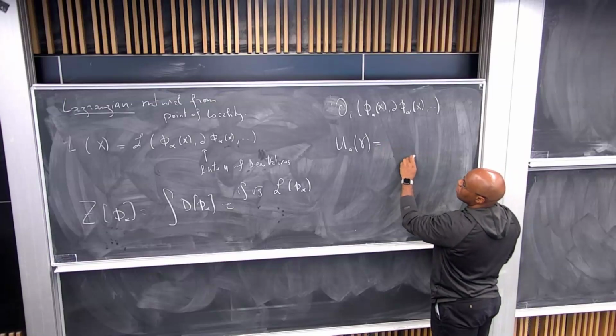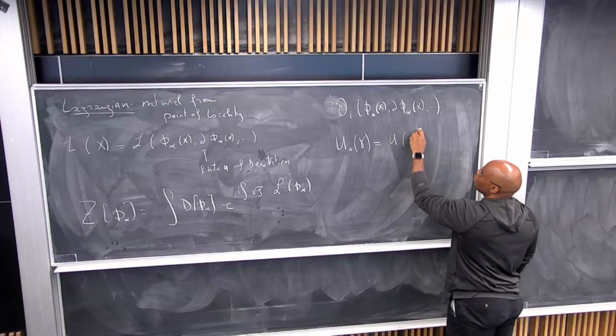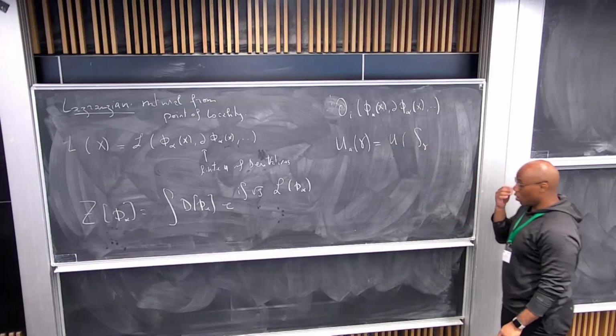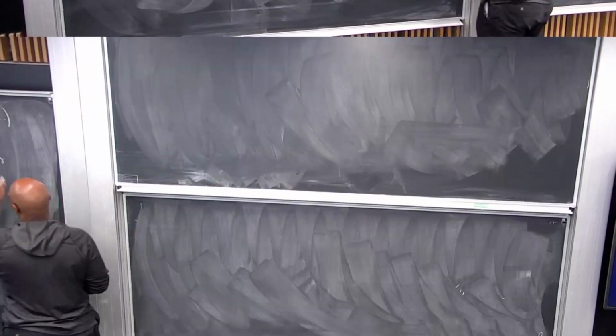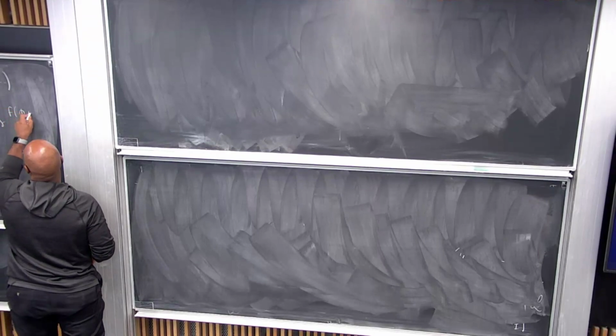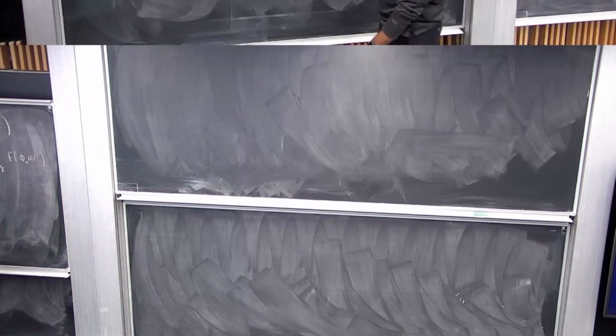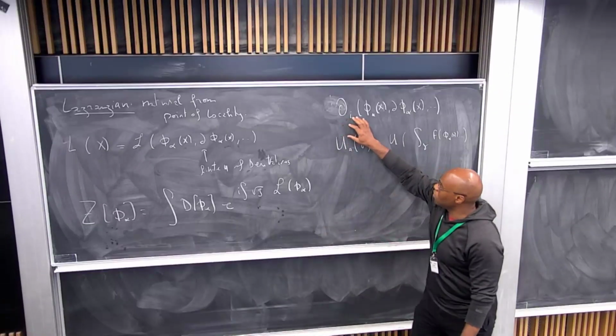Something of the sort U, which would be an integral along gamma of some function of the fields phi alpha of x. So if I give you a Lagrangian, you can construct a family of operators.